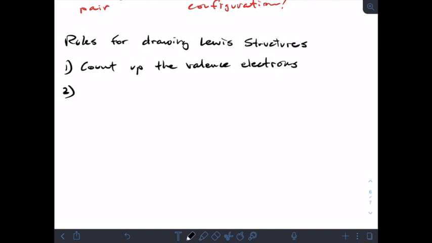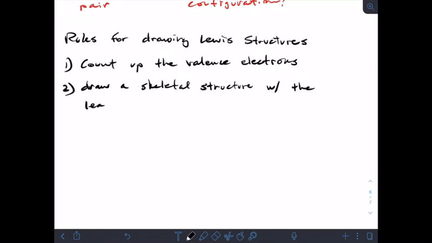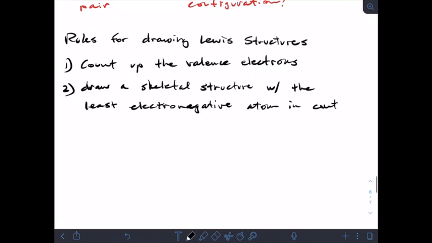All right. Step two, draw a skeletal structure. You're going to put the least electronegative atom in the middle, in the center.